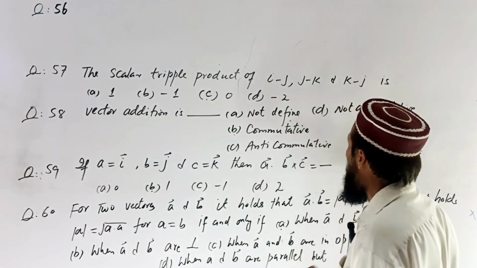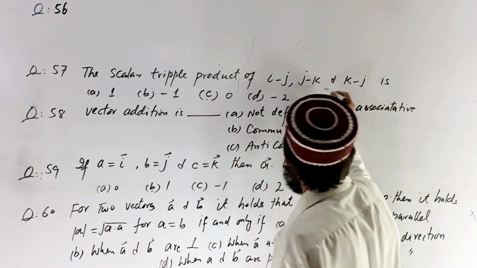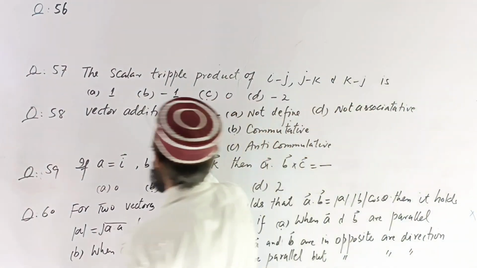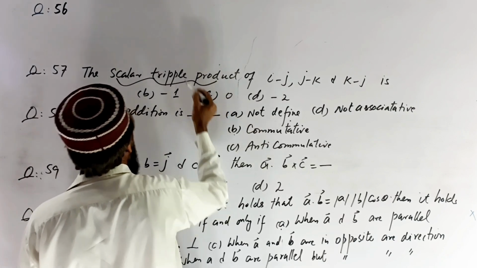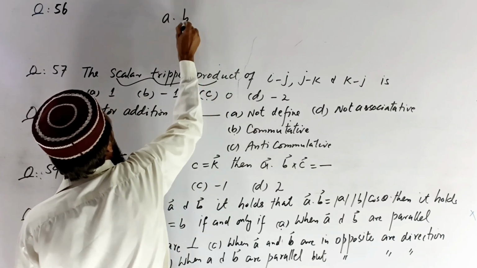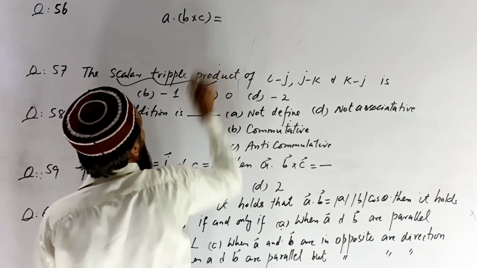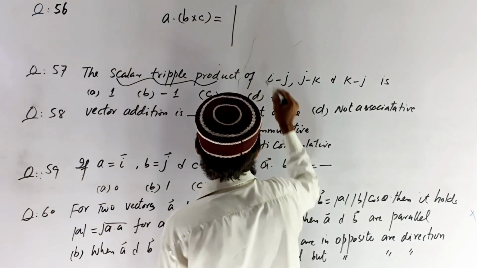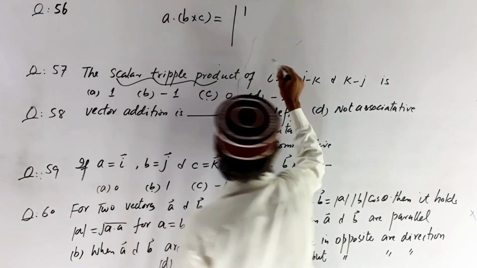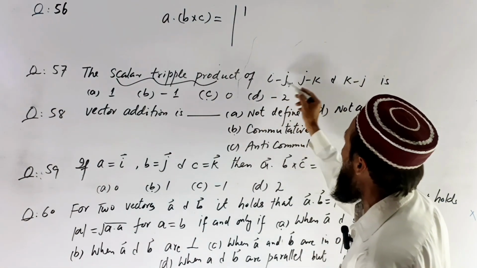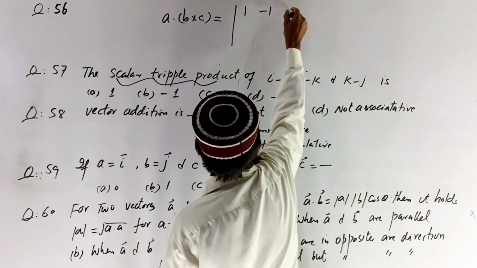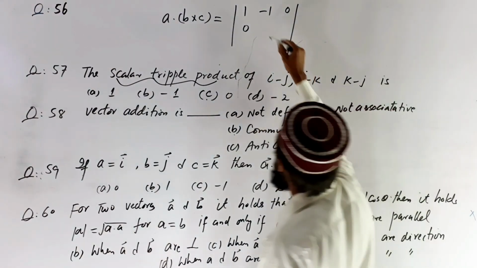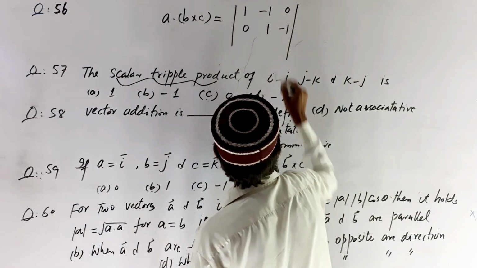Next, i minus j, j minus k and k minus i: according to the scalar triple product, we have already discussed in the previous video. Scalar triple product, we know the formula. If we expand by this rule, the coefficients of the first vector are 1 and minus 1, 0, and here i is absent, the coefficient of j is 1 and k is minus 1.